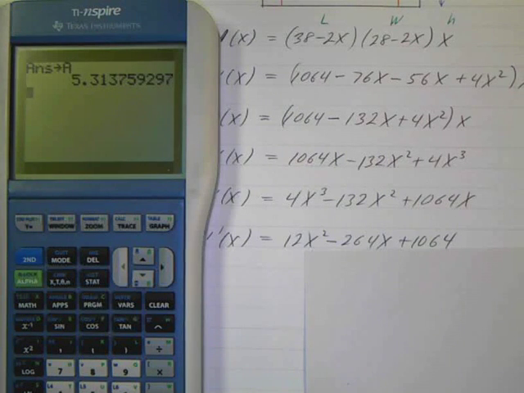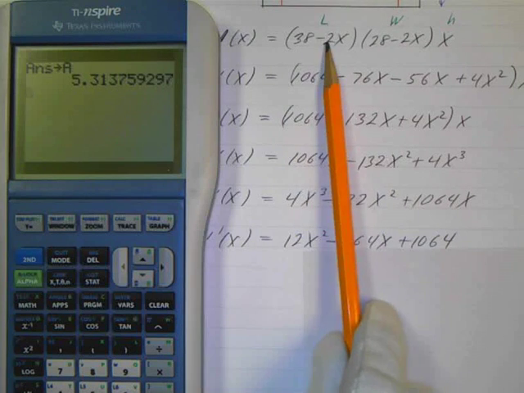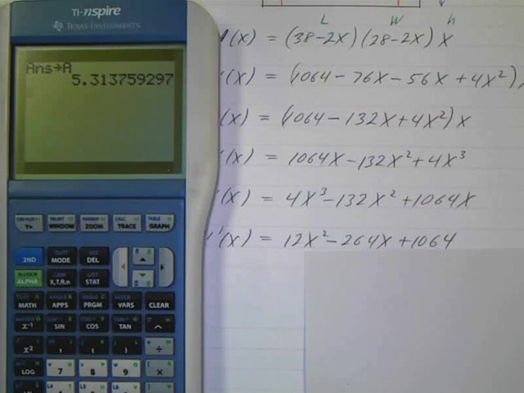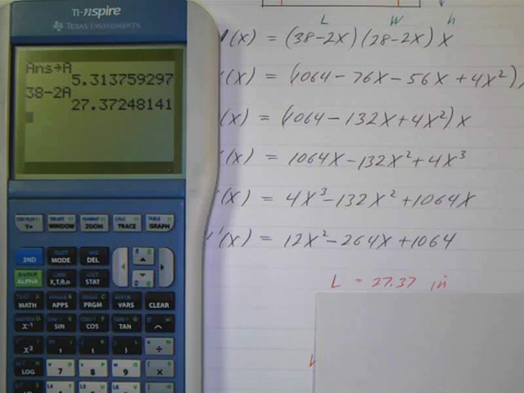Now I also want to find the length, which is 38 minus 2x, and the width, which is 28 minus 2x. And every time I need an x, I just put alpha A. So my length is 38 minus 2 alpha A. Enter. And that's my length. I wrote these down already because I had to redo this. Okay?